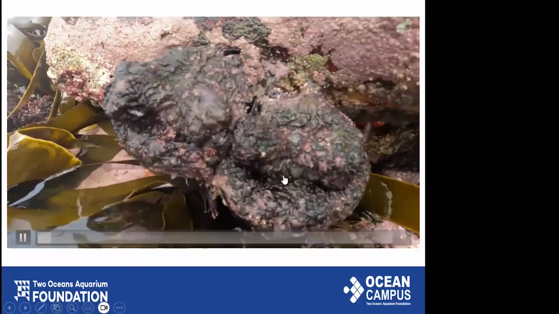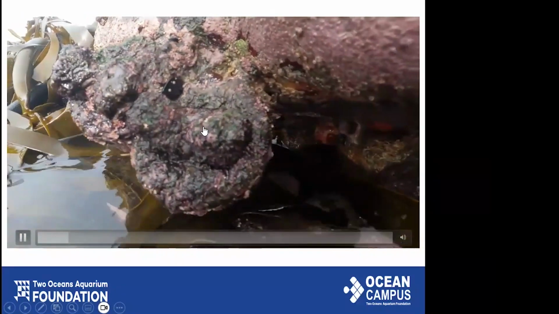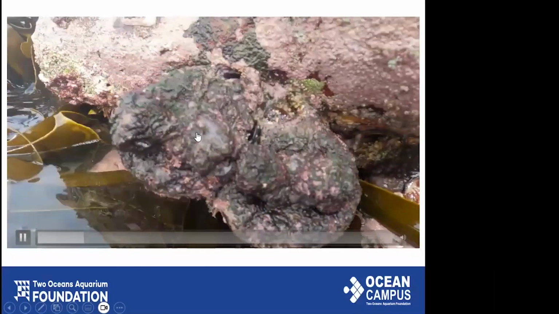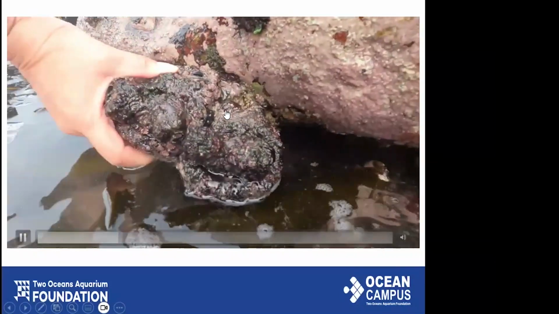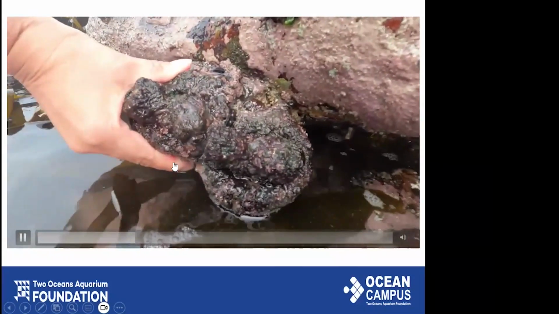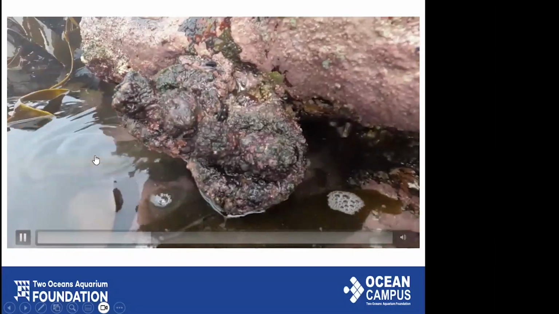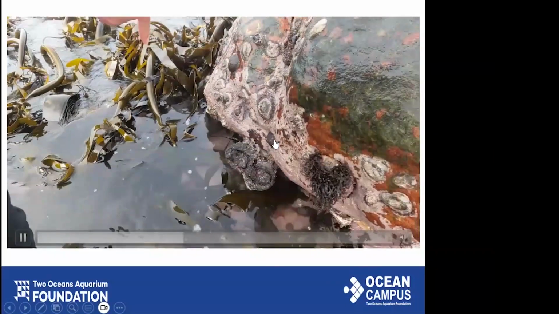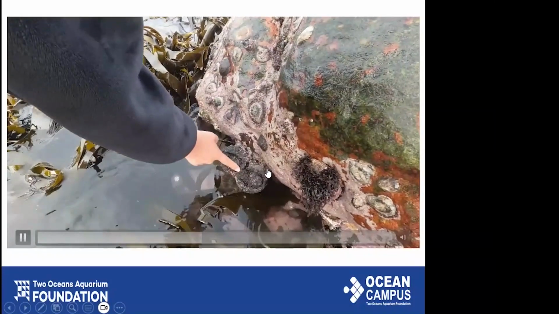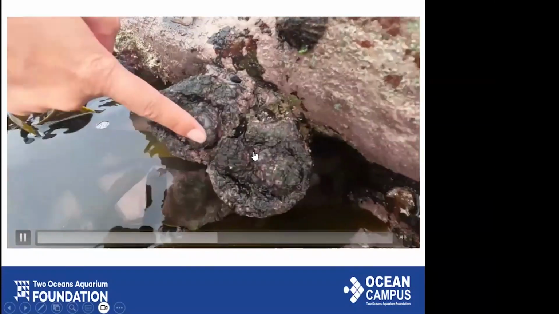They're called red bait. It's a kind of solitary ascidian. So I'm giving it a bit of a squeeze to show you the other common name it's known by, which is sea squirt.